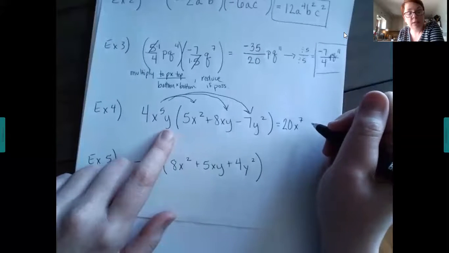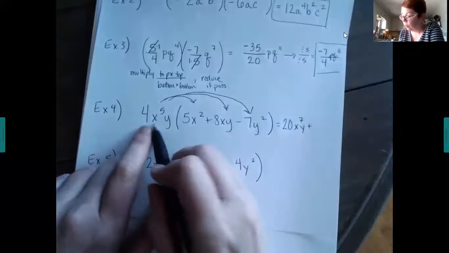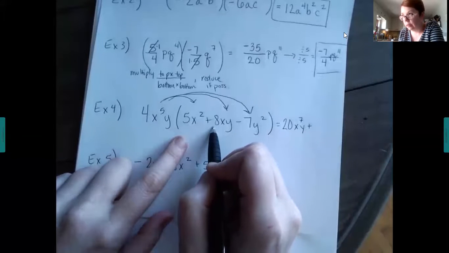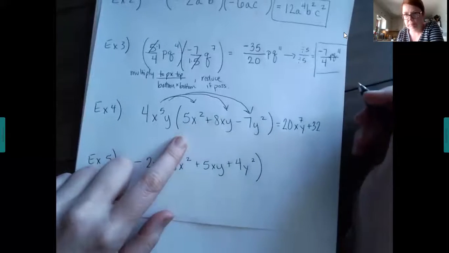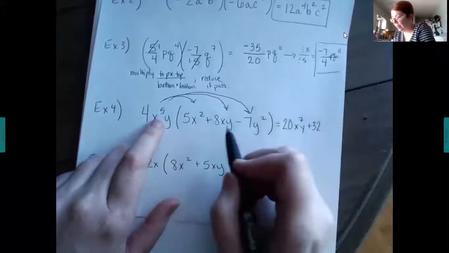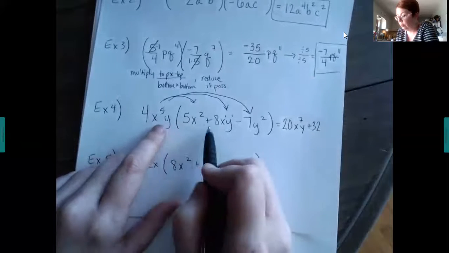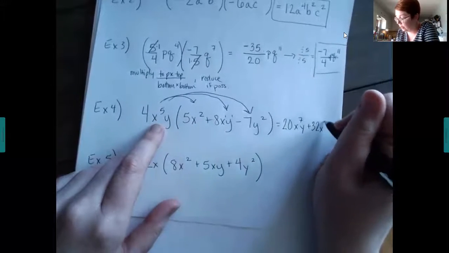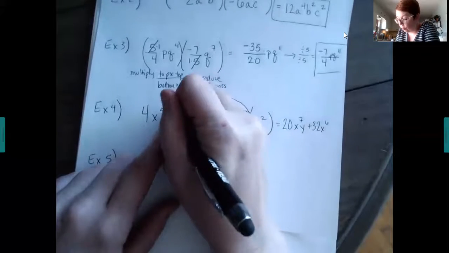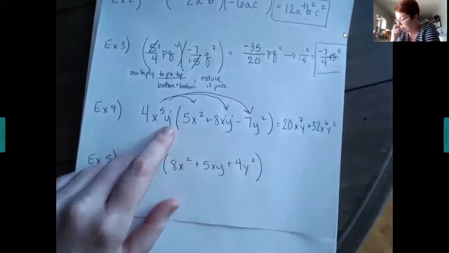That has a y on it, so we carry that y with us. 4 times 8 is 32, I'm going to say, hopefully. And then here it has a single x and a single y.